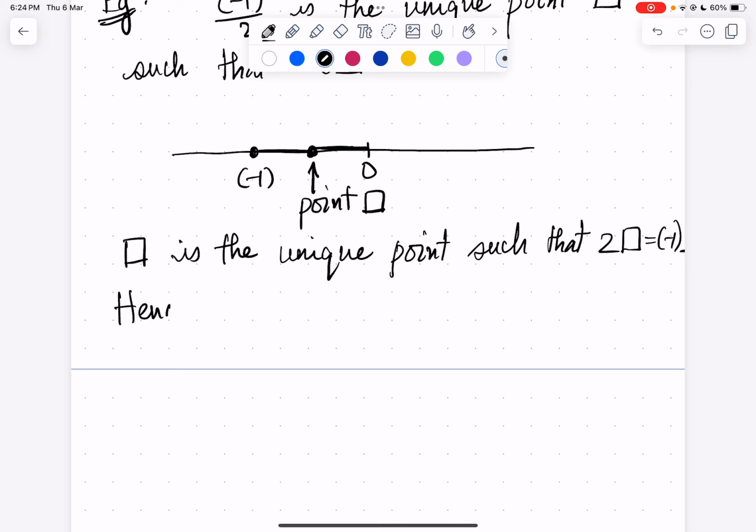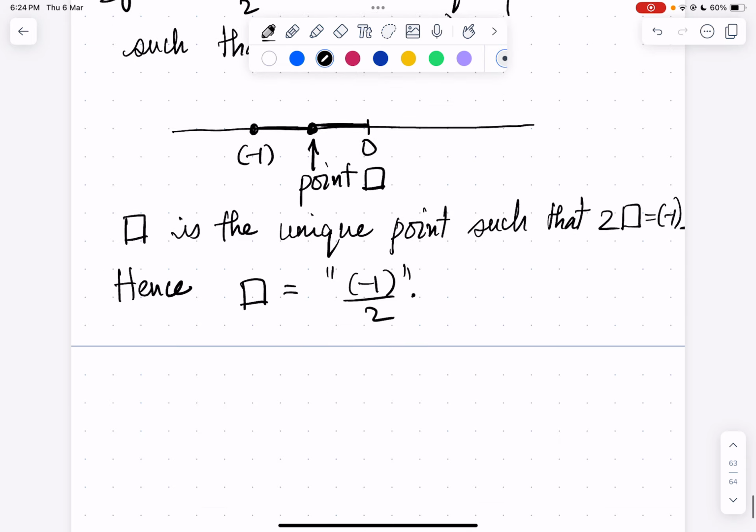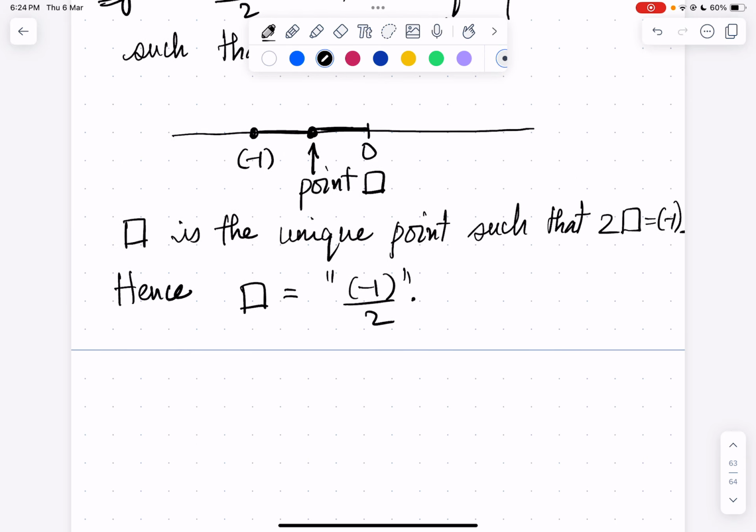Hence, box equals this rational number minus 1 by 2.